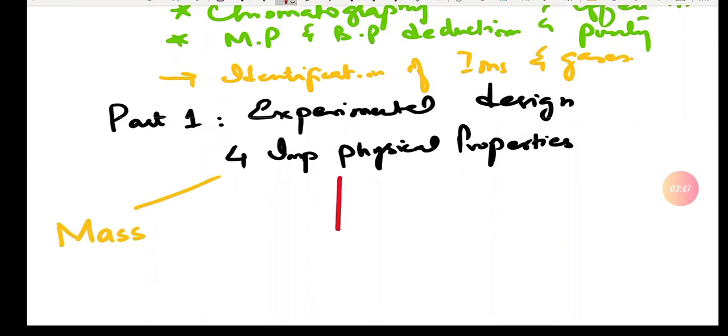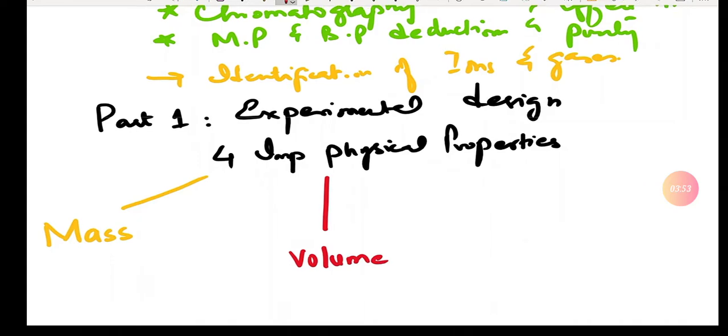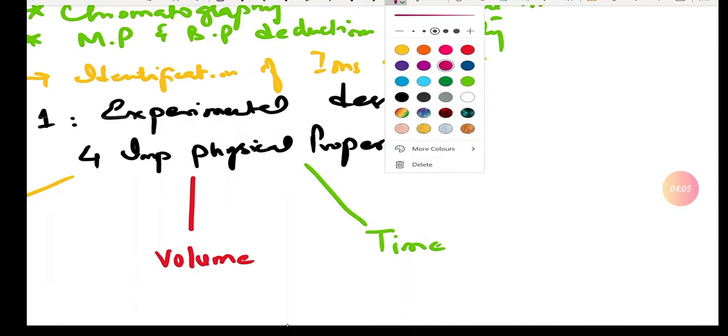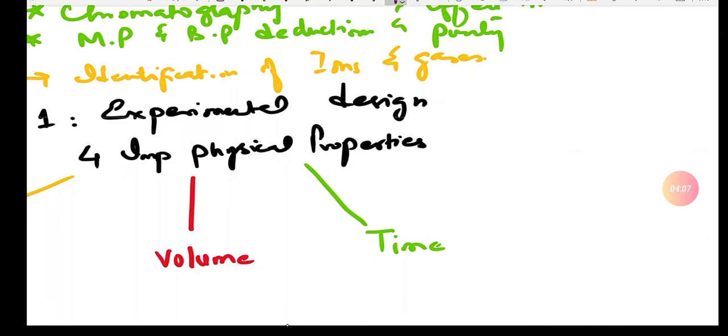The second one is volume. Then we have time, and then we have temperature.